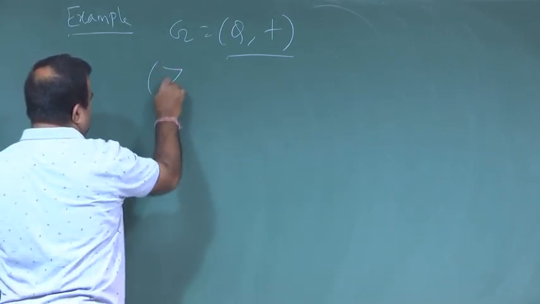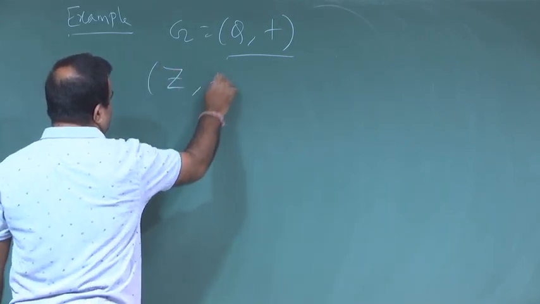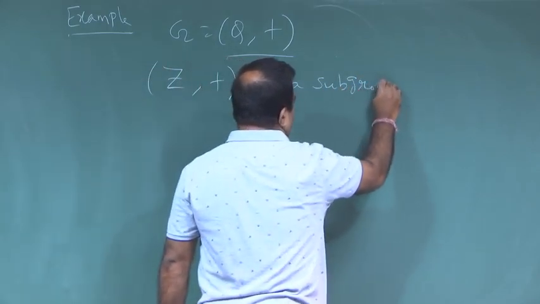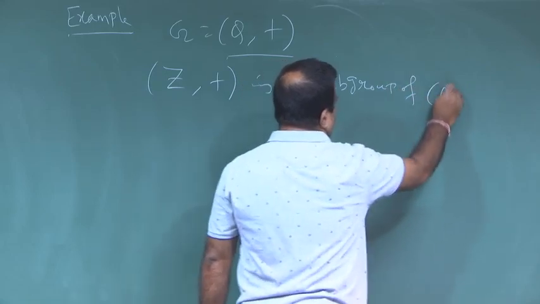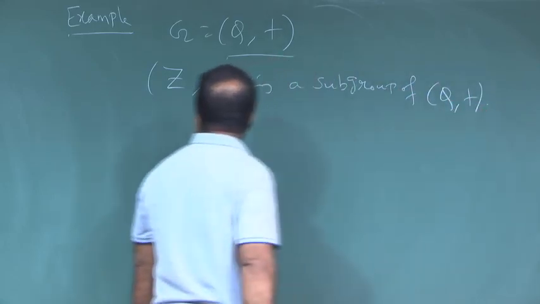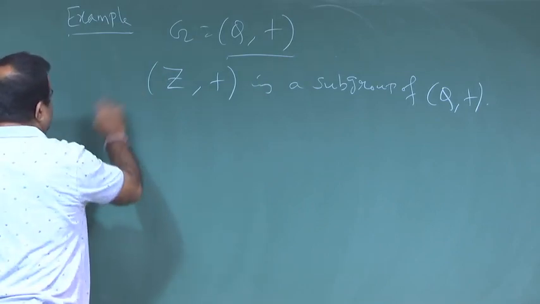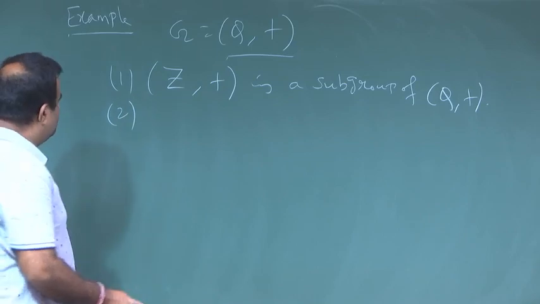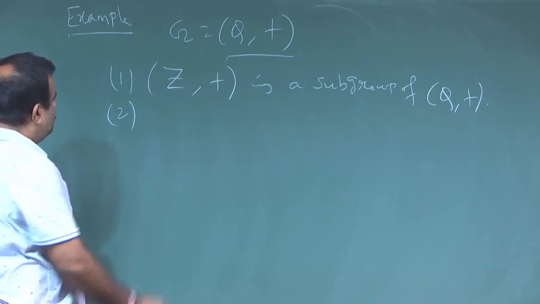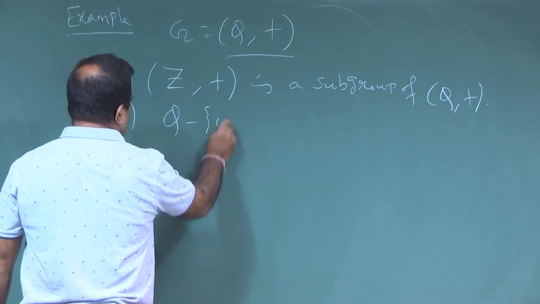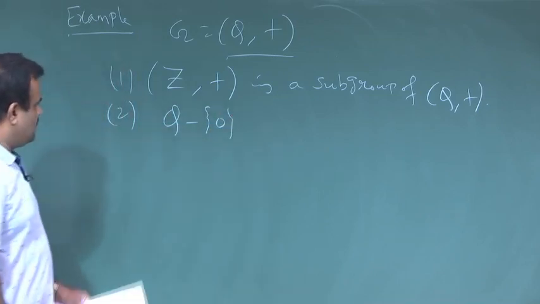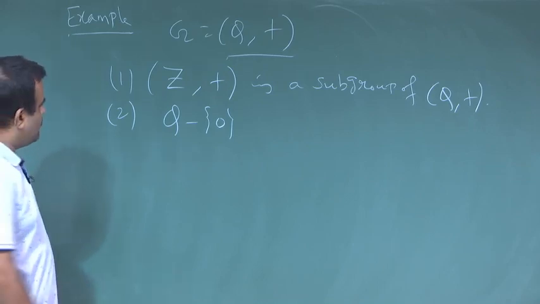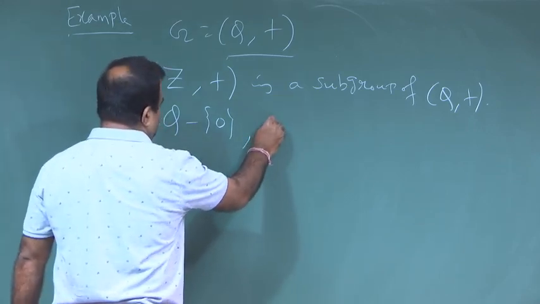Now, if you take the subset Z from Q, this is a subgroup of Q plus. This is one example. Another example is, say, if we take just Q, if we omit this, then this will form a group.